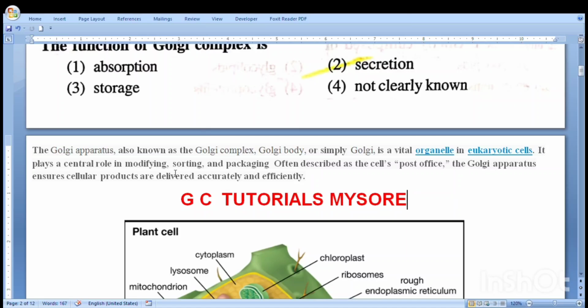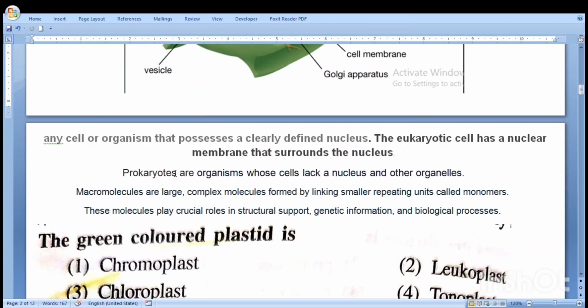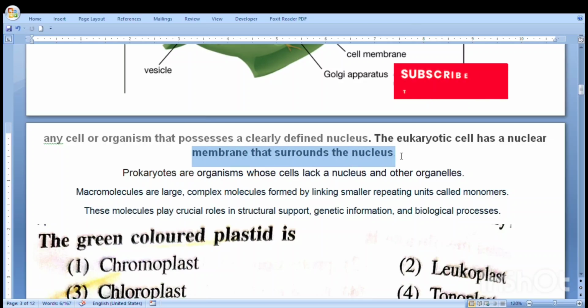What are eukaryotic cells? Any cell or organism that possesses a clearly defined nucleus is considered a eukaryotic cell. Eukaryotic cells have a nuclear membrane that surrounds the nucleus.